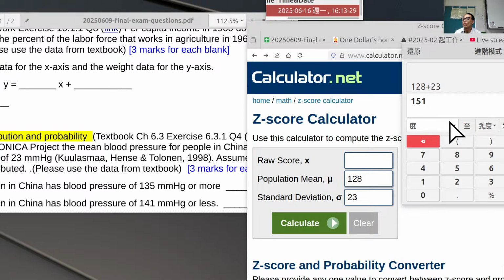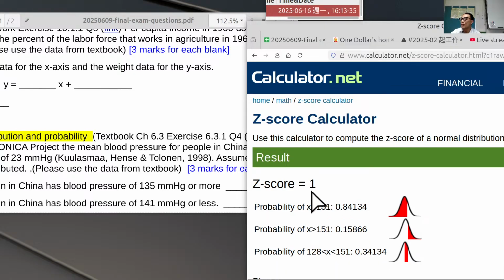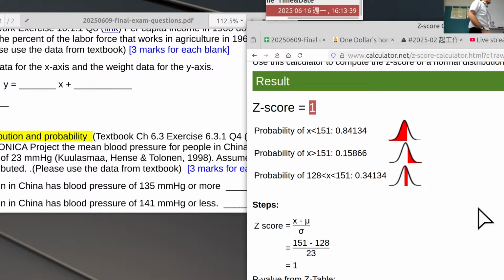Okay, who can tell me what's the answer? The z-score is 1. Why? Not 0.1, not 0.9, not 0. It's 1. Okay, who else got 1?